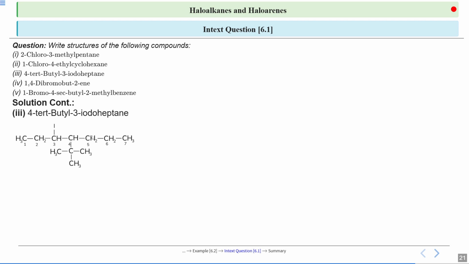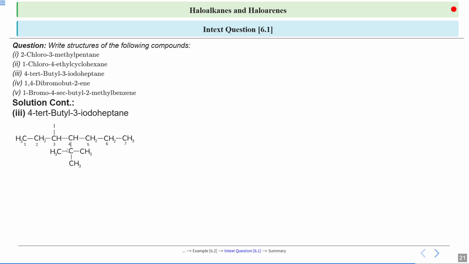So you first of all have to put 7 carbons in a chain. Then at the third carbon you have to put an iodine as a substituent, and at the fourth carbon you have to put a butyl or tertiary butyl group. Tertiary butyl means that it is a butyl containing 4 carbons and it is a tertiary substituent.